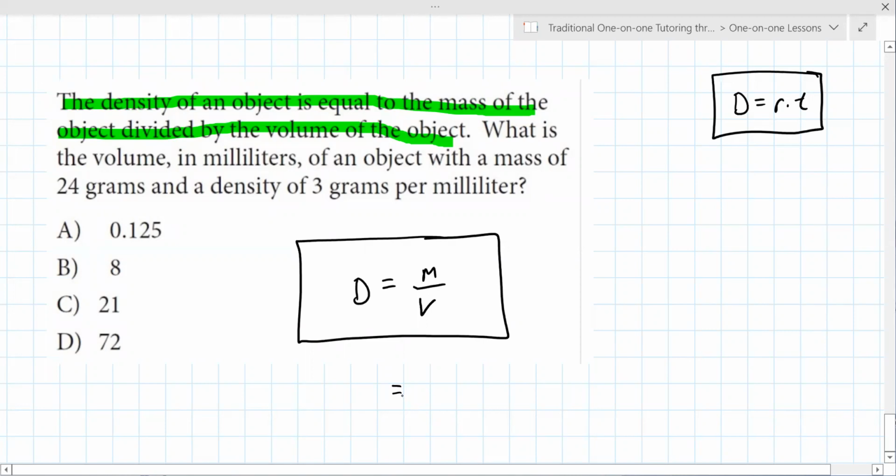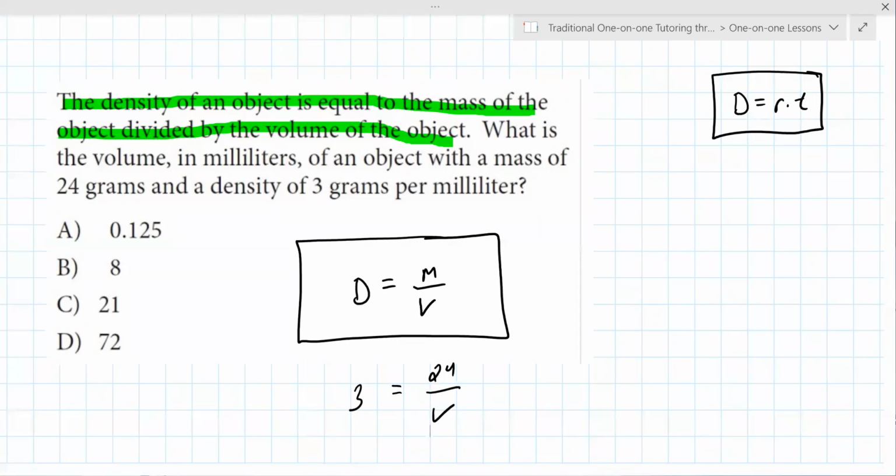D is 3 grams. And M is 24. You can solve it, or you can maybe look at the answers and say, oh, I know that it must be... what's the value of V? Letter B, 8. Yes, very good.